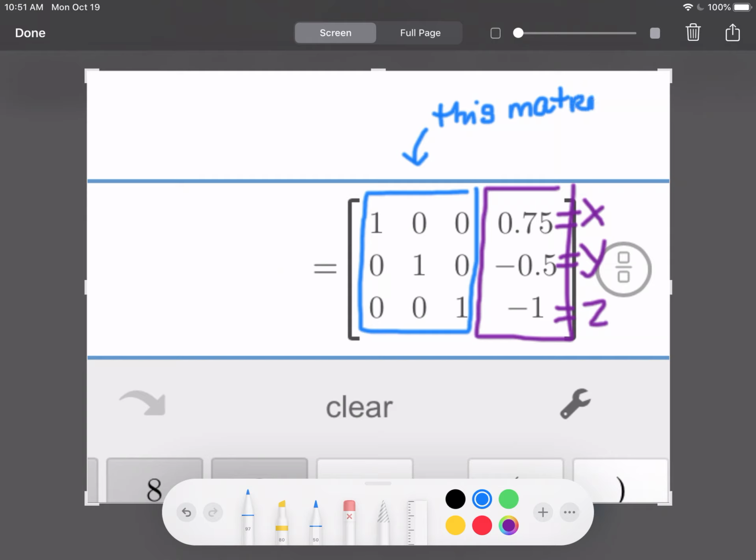This matrix tells you, oh goodness, I'm writing too fast. This is the solution.